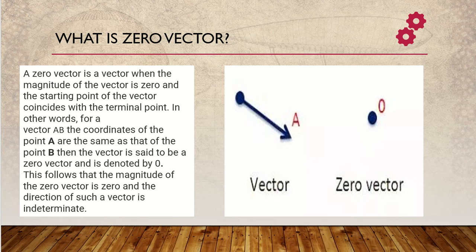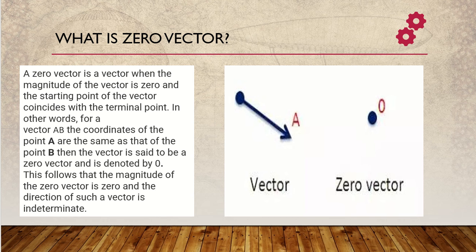The arrow here indicates the magnitude of the vector. The longer the arrow is, the larger the magnitude of the vector. Which means that in the zero vector, there is no arrow, there is no magnitude. Hence, the zero vector has zero magnitude. It does not possess any kind of magnitude.